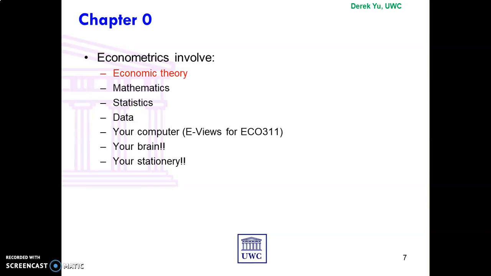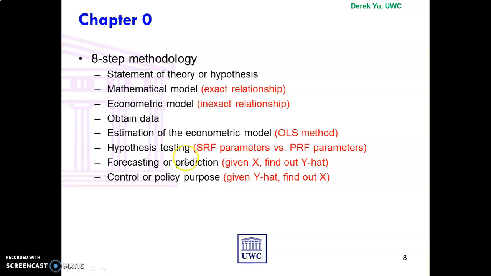After you download the eViews 3 installation file, which is in zip format, you must unzip the folder, then you follow the instruction sheet on eComfort, then you should be able to install eViews 3 on your computer or laptop. The 8-step methodology, I'm not going to go through that in detail. Refer to chapter 0.